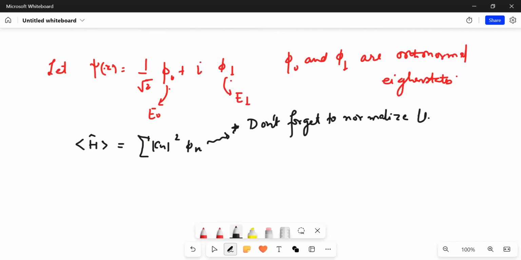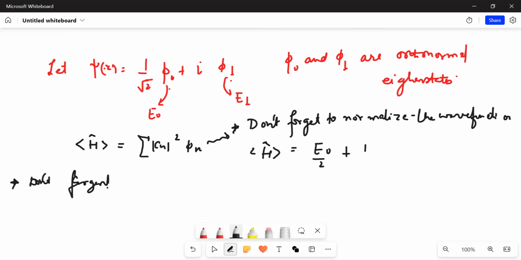Otherwise the answer would come as E naught by 2 plus something else. Also, this is not Cn square, rather it is modulus Cn whole square. If you take iota square, the answer would come out as minus E1 upon 2, so this is an incorrect answer.